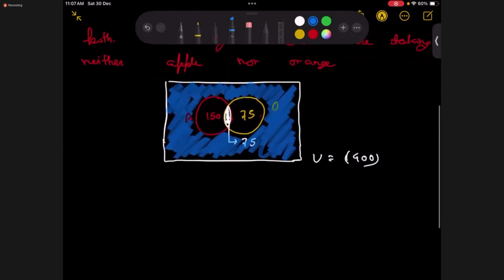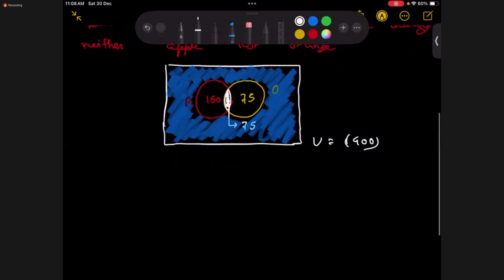And how can I find this blue portion? We need to find the number of students outside this union. So the number of students is the cardinality of U minus the cardinality of A union O. Why? Because just see, I am drawing with the green line.